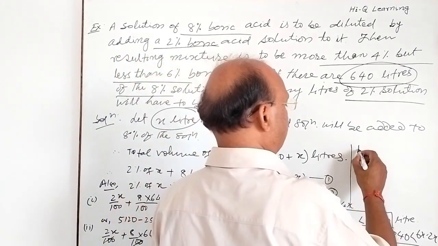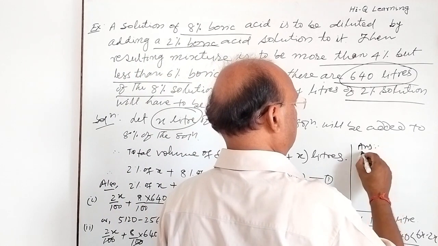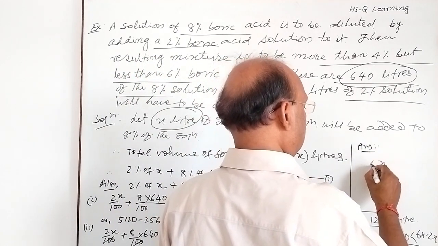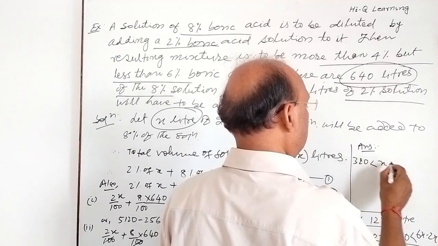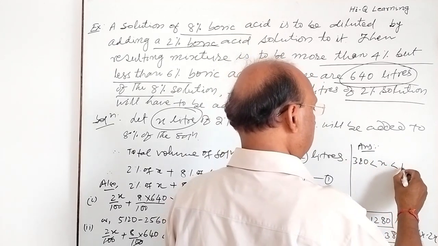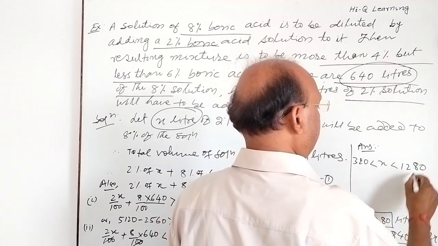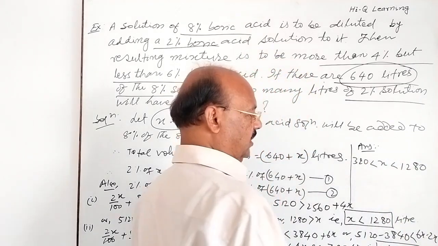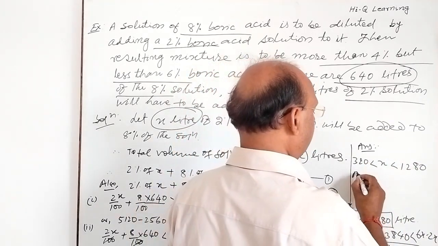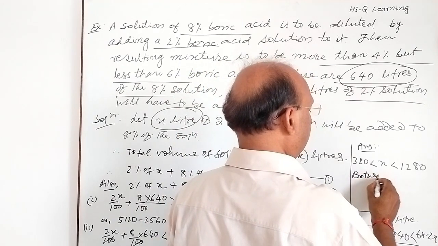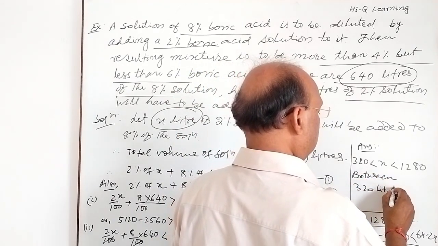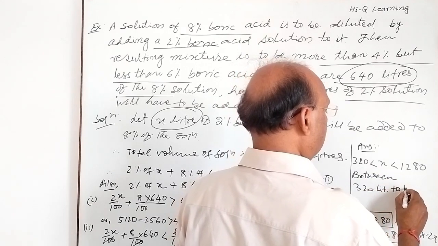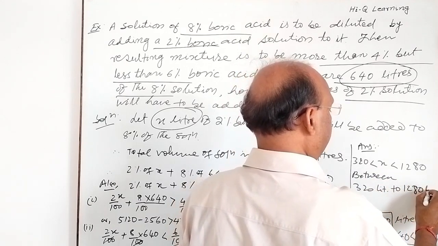So your answer is: X is greater than 320 liters and less than 1280 liters. Therefore, the solution should be between 320 liters to 1280 liters.